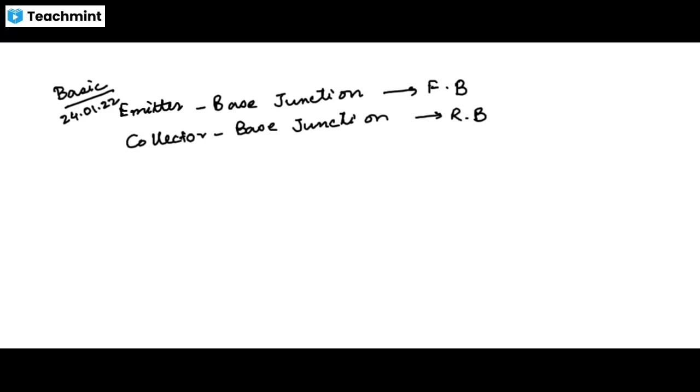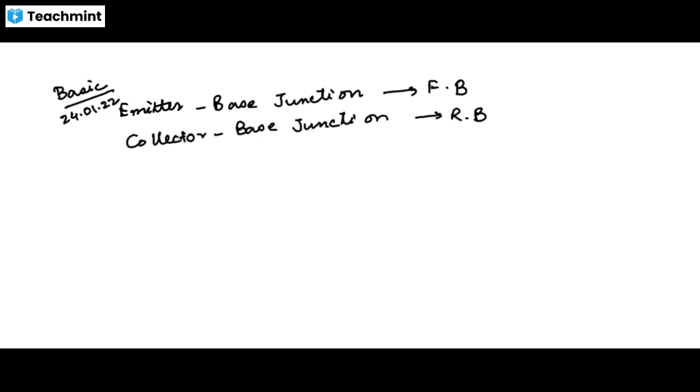And the second junction is called the collector base junction. The emitter base junction is forward bias, whereas the collector base junction is always reverse bias.